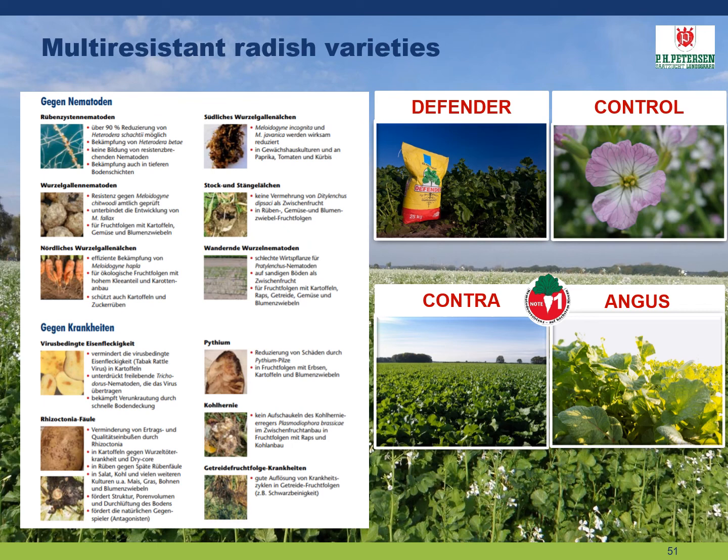In radish, we have these so-called multi-resistant radish varieties, which combine resistance against nematodes, diverse nematodes, and a lot of resistance against diseases. With these multi-resistant varieties, it's much easier for a farmer to choose the right solution.